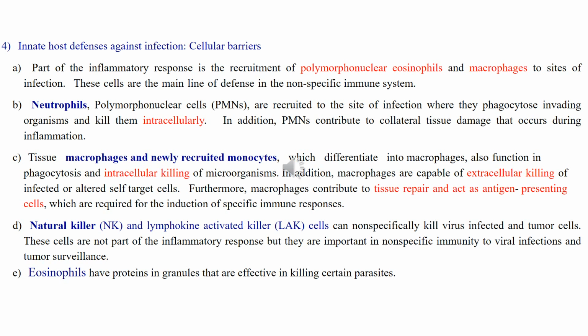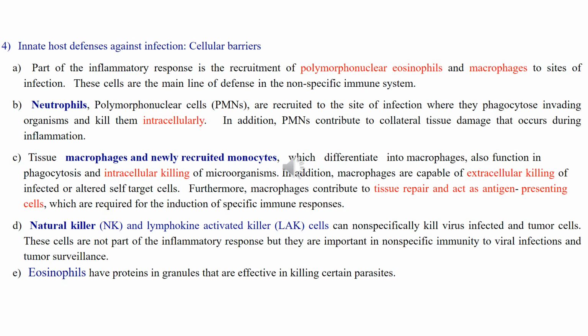Neutrophils are recruited to the site of infection where they phagocytize invading organisms and kill them intracellularly by engulfment. In addition, neutrophils contribute to collateral tissue damage that occurs during inflammation.